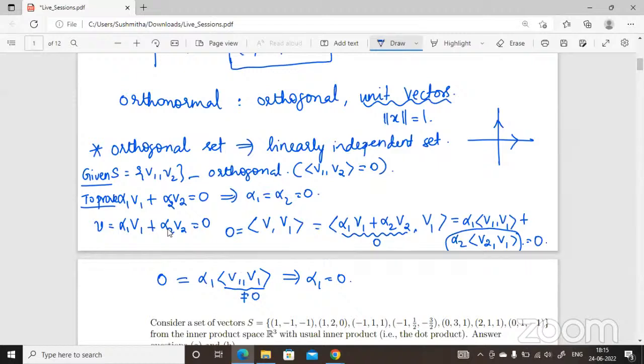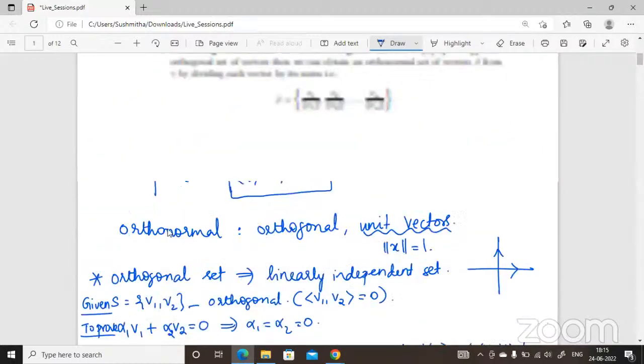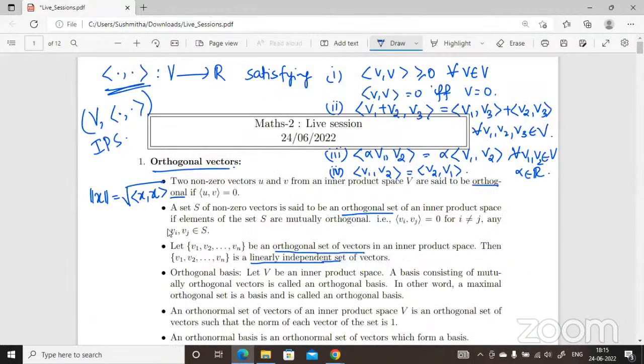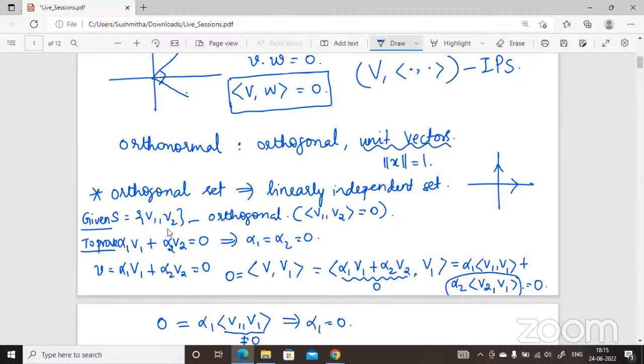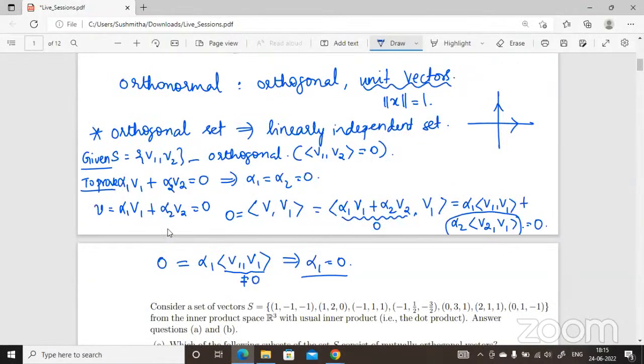Because V1 is a non-zero vector. We have that condition: the inner product of V with V is equal to 0 if and only if V is 0. So because V1 is non-zero, the inner product has to be non-zero. So this forces alpha 1 to be equal to 0.